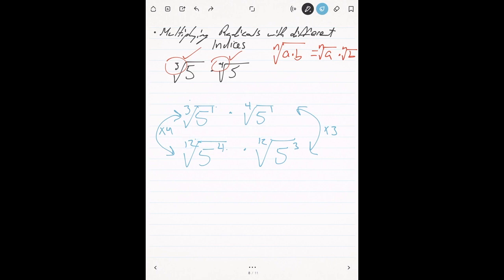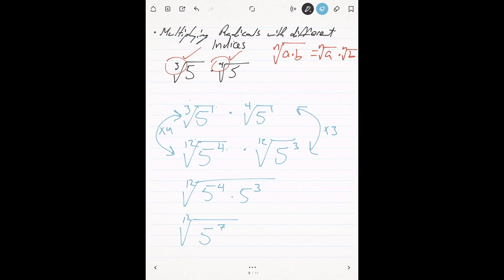So we can go ahead and multiply these now. We have the 12th root of 5 to the 4th times 5 to the 3rd. So that should be the 12th root of 5 to the 7th power, if we just go ahead and add those exponents.